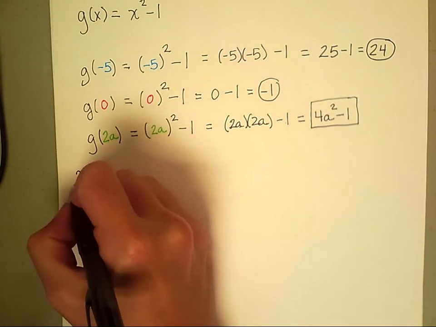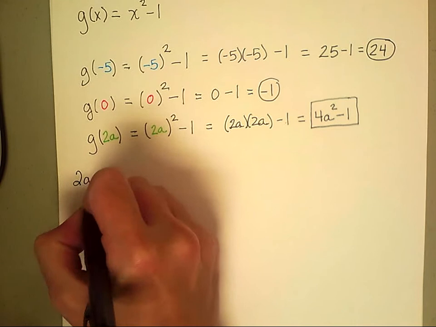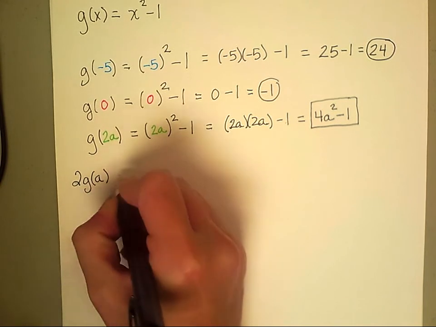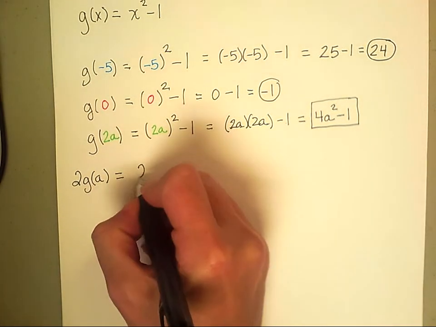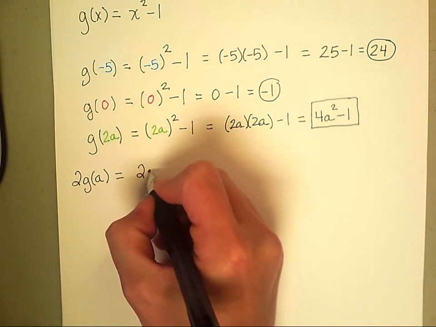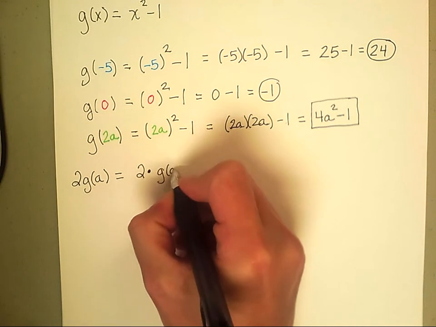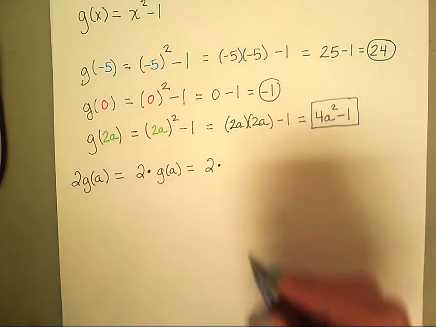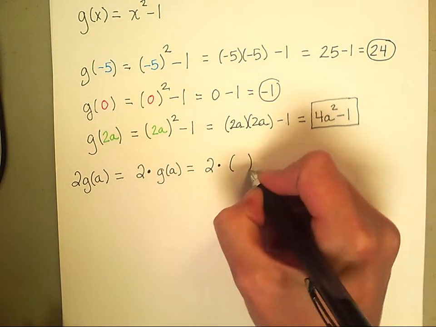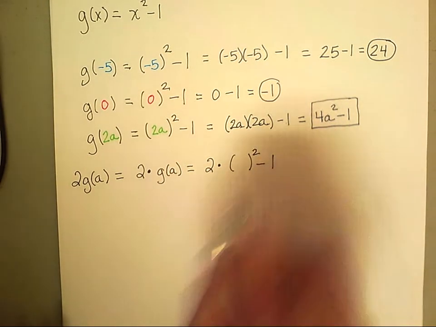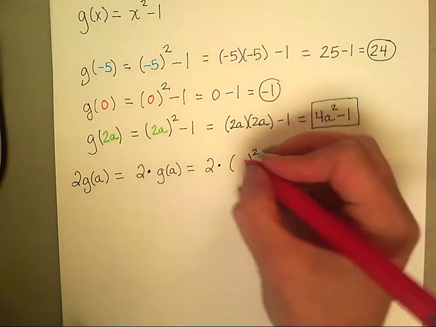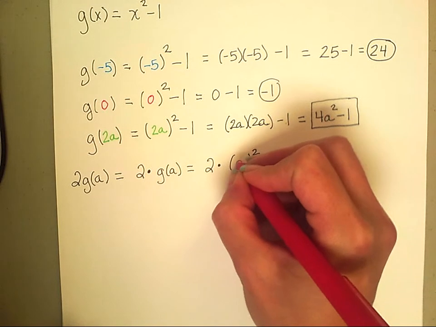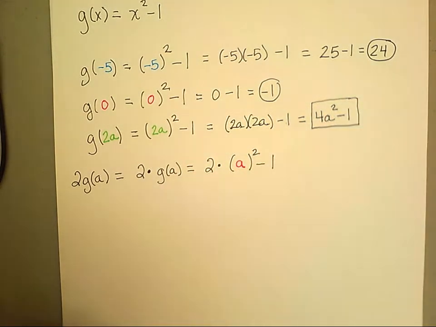Now that's different than if I would take 2 times g of a. Okay. That would mean 2 times g of a, which is 2 times, now g of a will do the change of variables here.